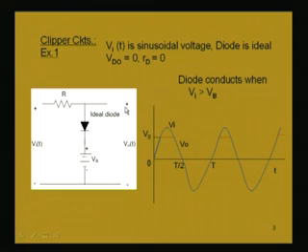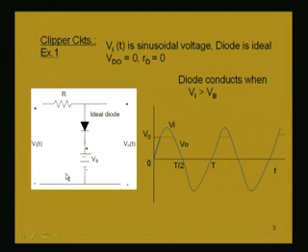Now, we want to find the voltage waveform at the output, which is V naught t. Suppose we want to plot V naught t and Vi t, given a sinusoidal waveform at the input. What will be the output? With these polarities we denote the output signal. This point is higher with respect to this, which is actually the ground point.